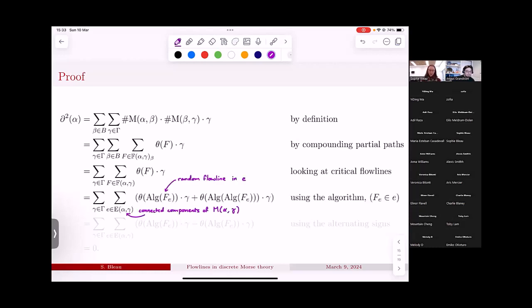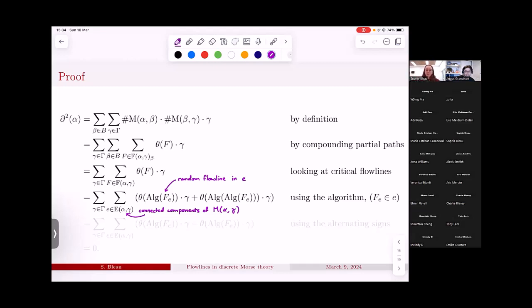So let's take, for each connected component of the moduli space, a random flow line in there, apply the algorithm once, get to f prime, apply the algorithm twice, get f prime prime. Since each critical flow line occurs in one of these equivalence classes, these will be all of the critical flow lines we need. It will count all of them.